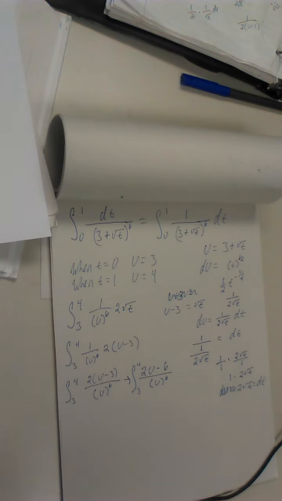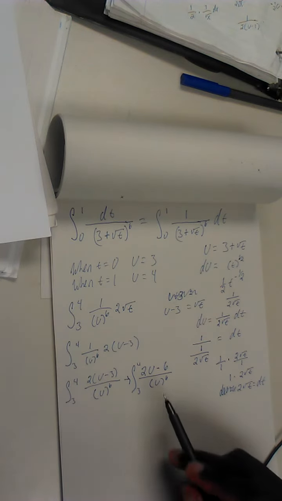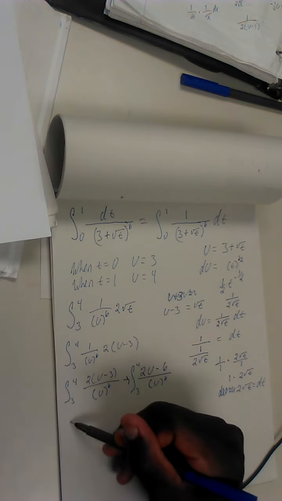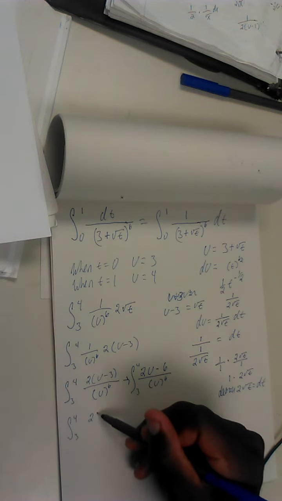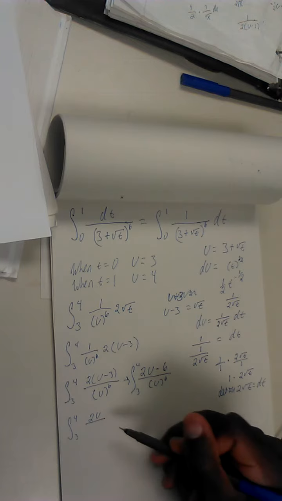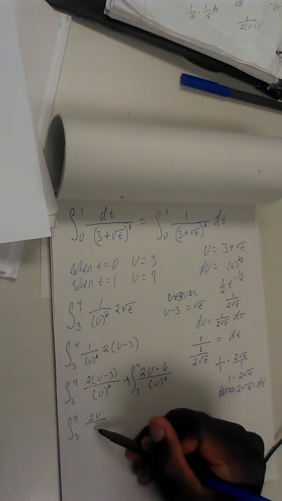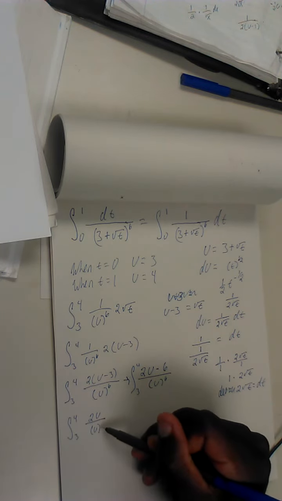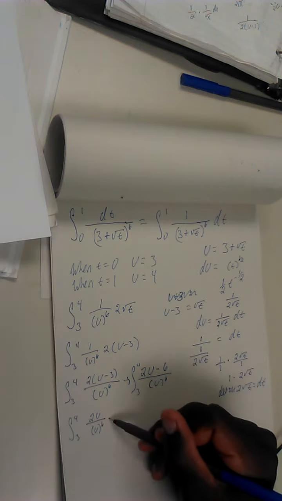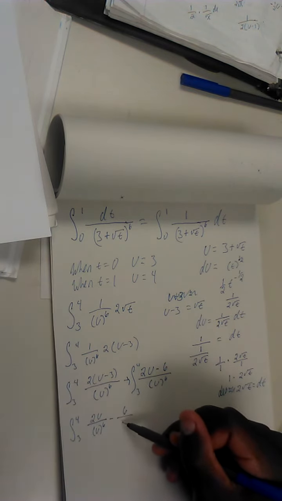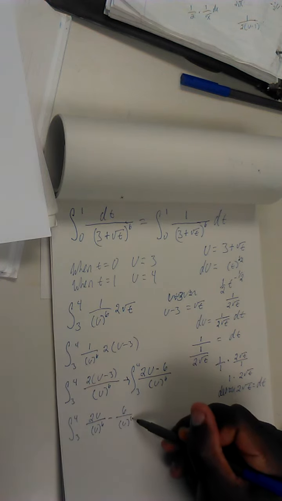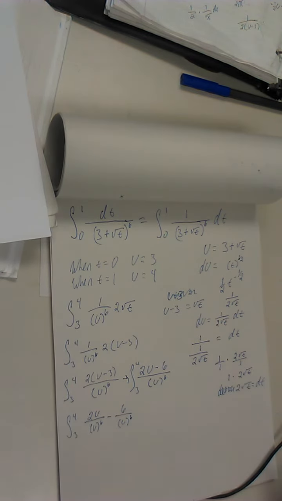Now let's break this down even further. Going from 3 to 4, 2u all over u to the 6th minus 6 over u to the 6th, right?